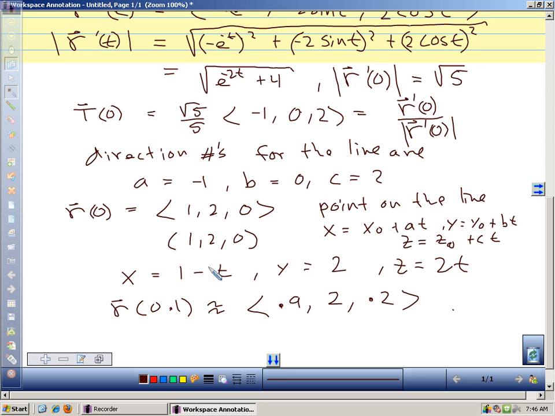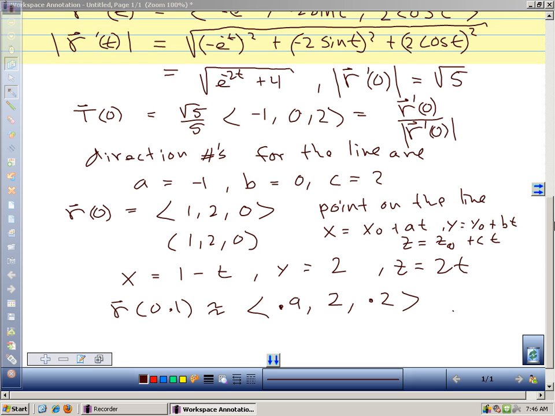I just plugged in 0.1 for t in the equations for the tangent line and used that as an approximation for the value of the function at that point. Questions on that problem? This type of problem is one that the book likes to ask about a lot: calculate the equations for the tangent line and then use it to approximate the function.